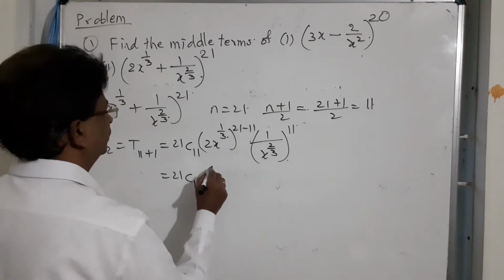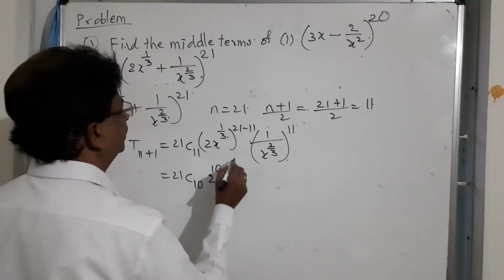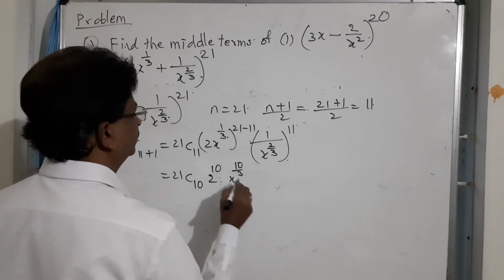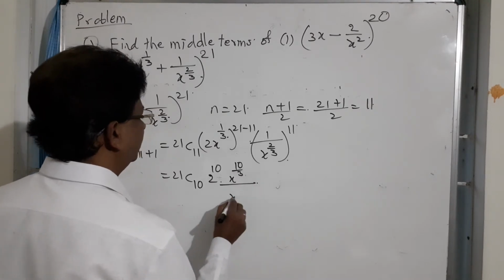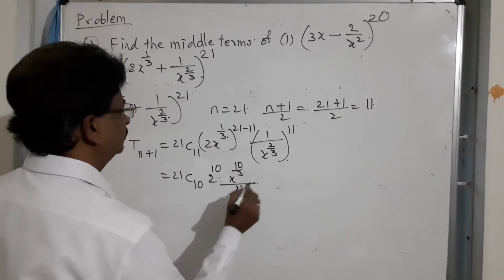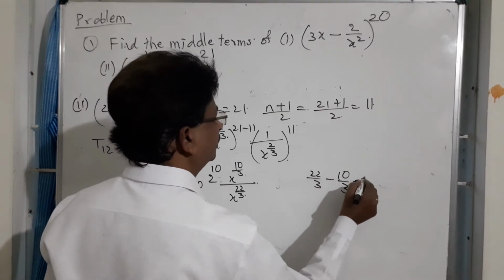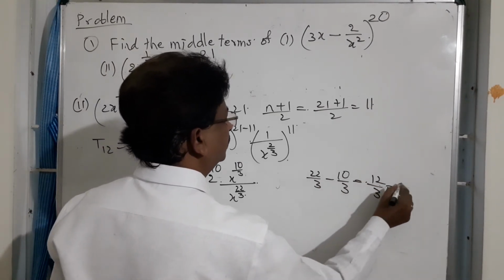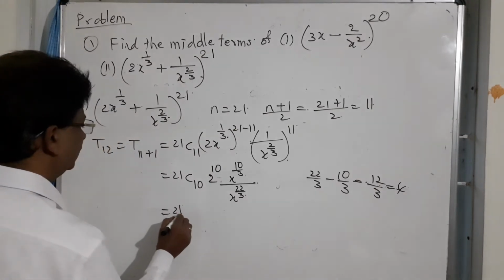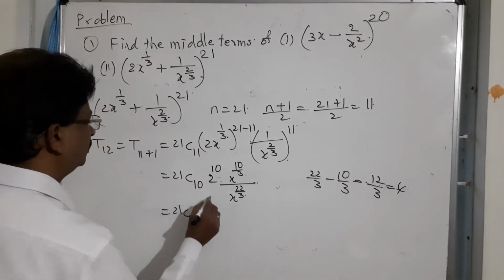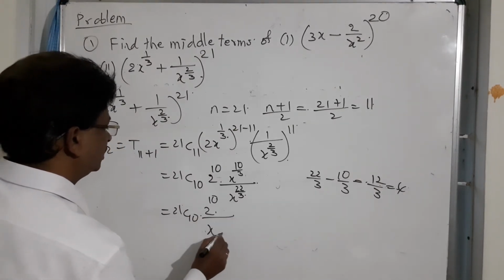It is 10 into x^(10/3) divided by x^(22/3). Now 22 by 3 minus 10 by 3, how much value will come? 12 by 3, that is equal to 4. So 21C10 into 2 to the power of 10 by x power 4.